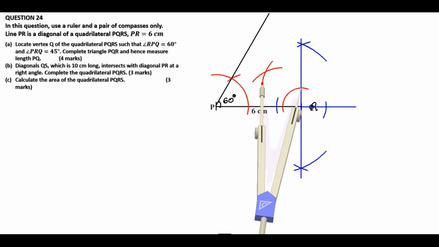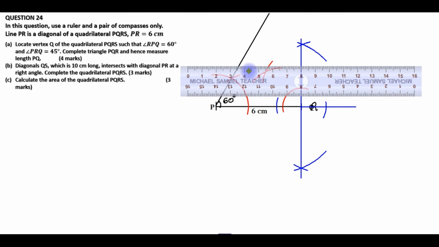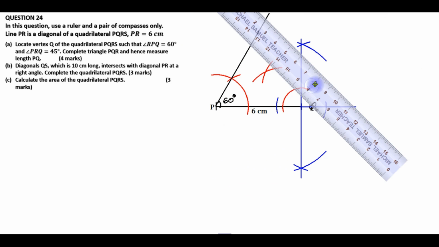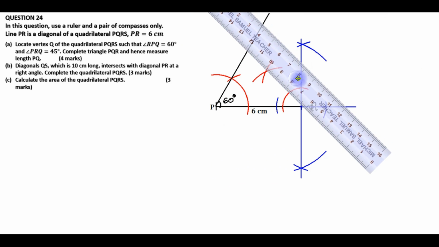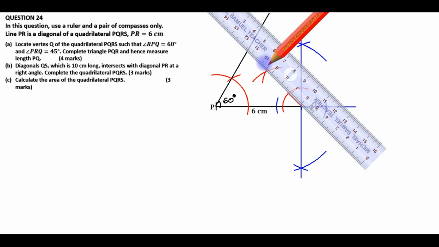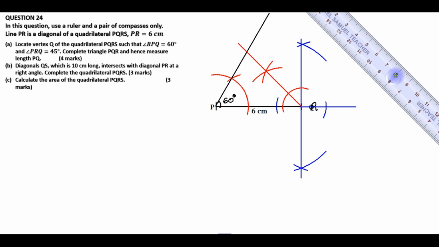Once I do that, I take the ruler. So I'm going to construct or draw the line so that it joins. So that is the point where they intersect, that is the point.